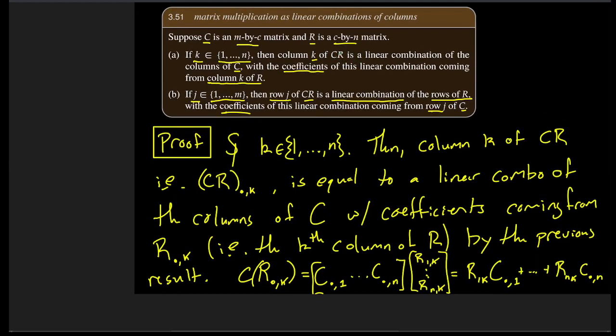The kth column of CR, well, that is just column k of CR ranging over all of the different rows.